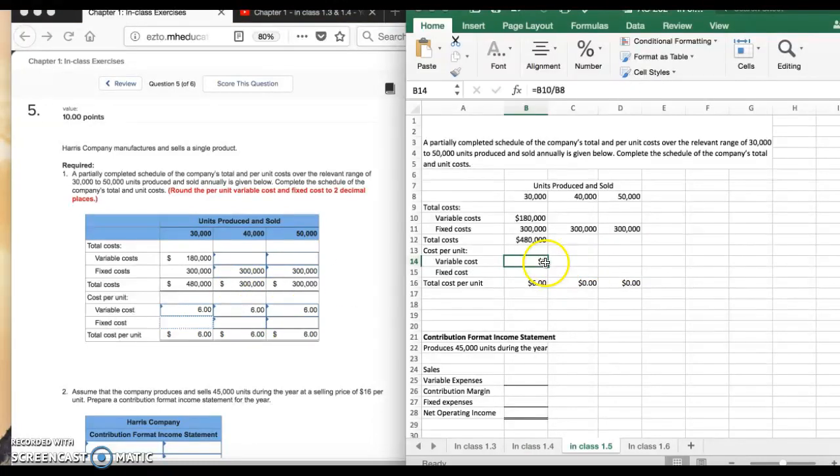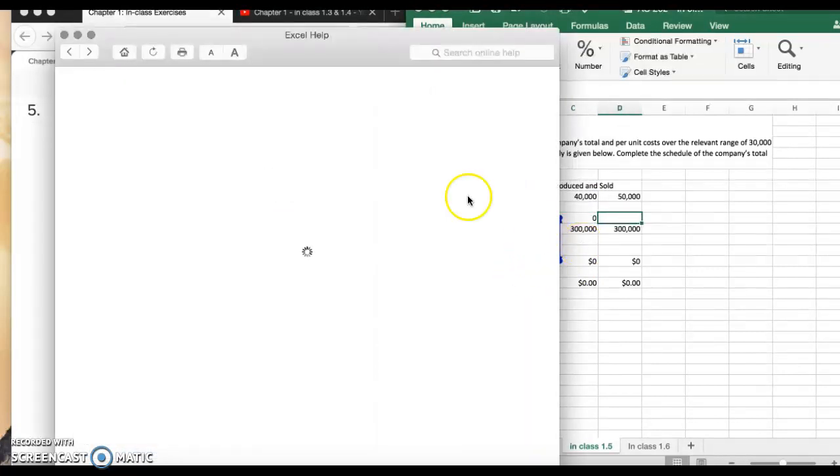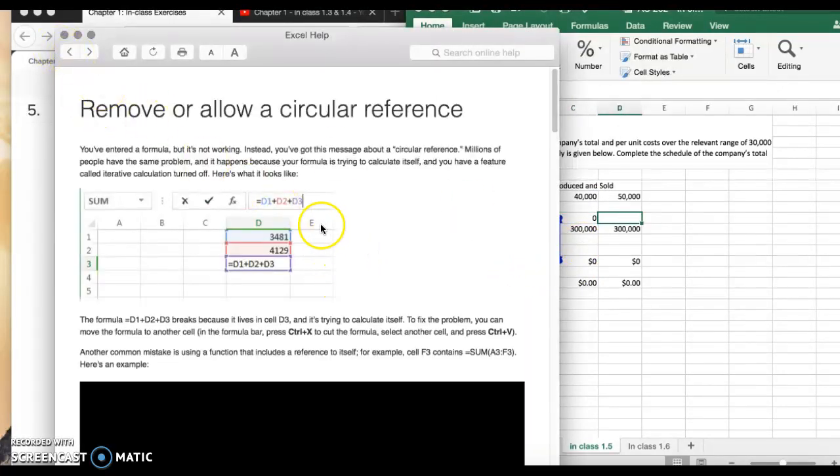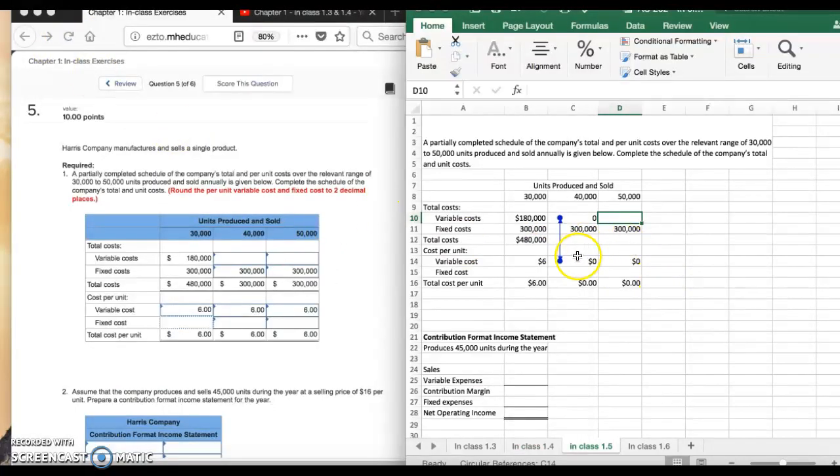But what do we know? We know that we can figure out our total variable costs for the other units produced and sold. So we have 40,000, so we'll take our 40,000 units times our $6, which is going to be our variable cost. Nope. Let's see. We have a circular reference, so this means that it's a function of itself.